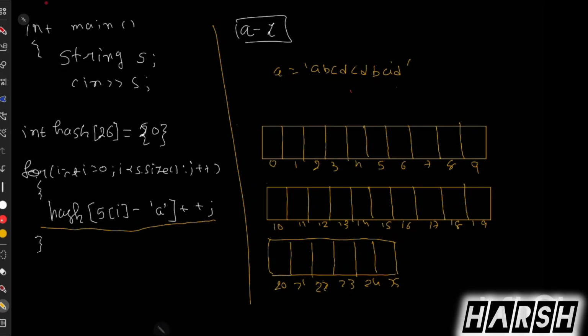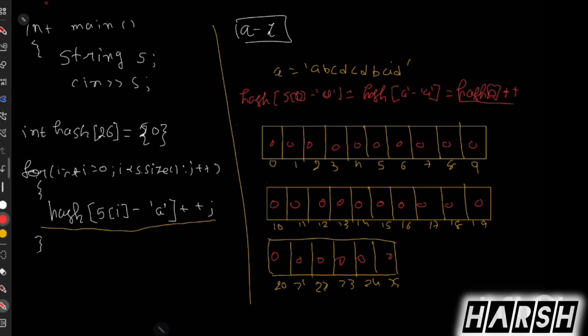First of all, my for loop iterates inside this string, and it works like hash of s of i minus 'a'. It looks like hash of s of 0 firstly, which is 'a' minus 'a', meaning hash of 0 plus plus. As I told you earlier, all values are filled with 0 initially. When hash of 0 plus plus happens, the value at the 0th index increases by 1.